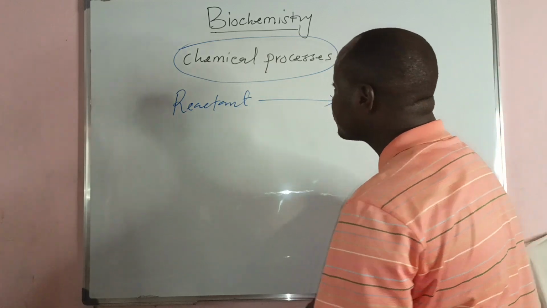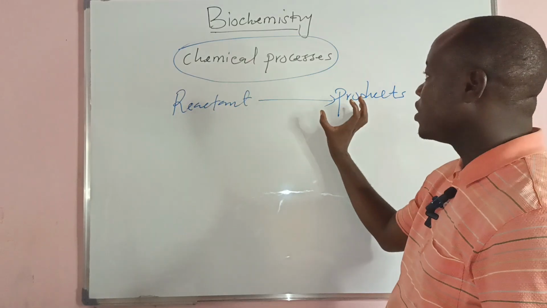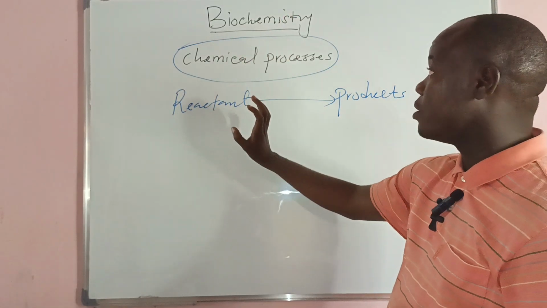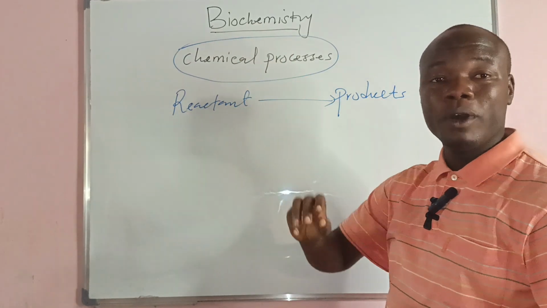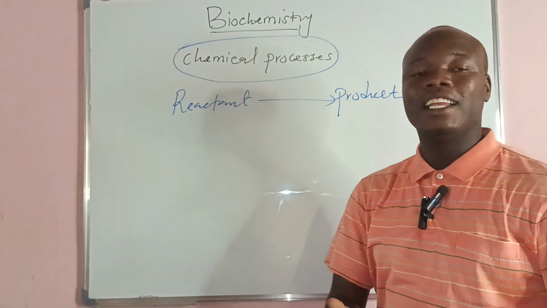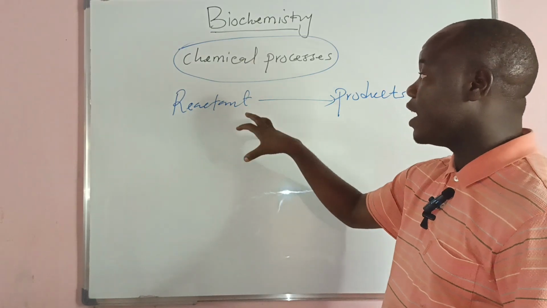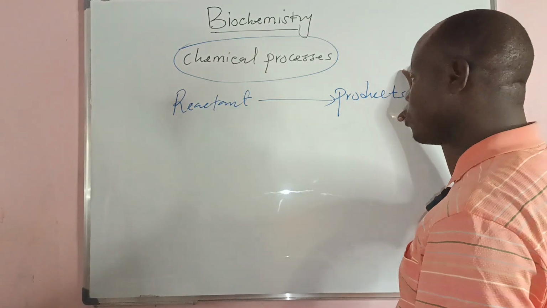So the study of the chemical processes that are occurring in the body of living organisms is what we call biochemistry. These chemical processes are like normal chemical reactions, associated with the conversion of reactant to product.